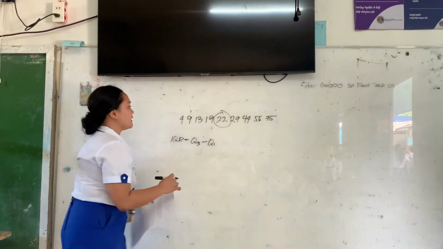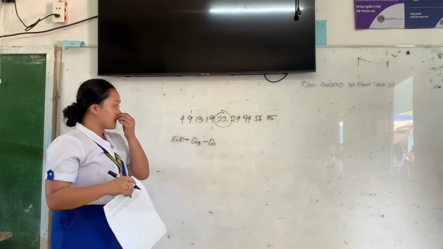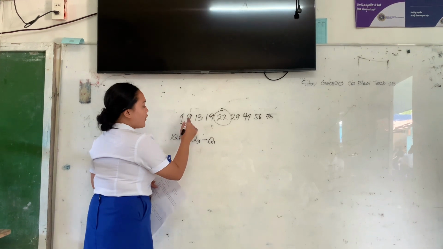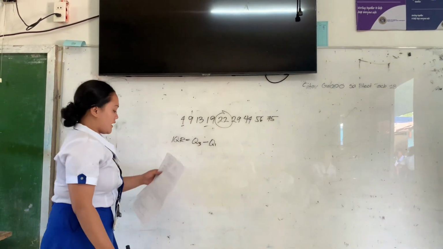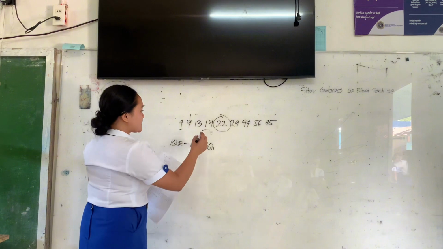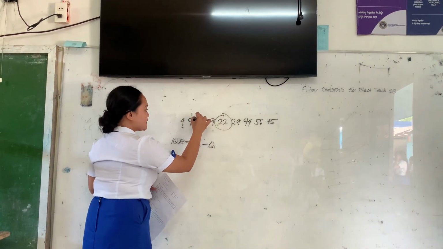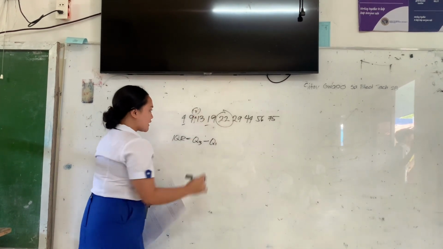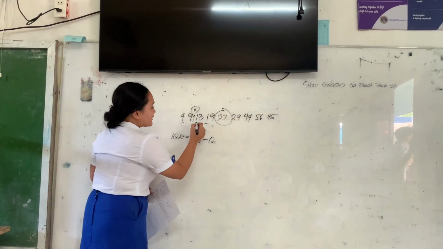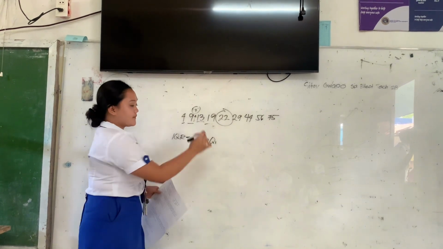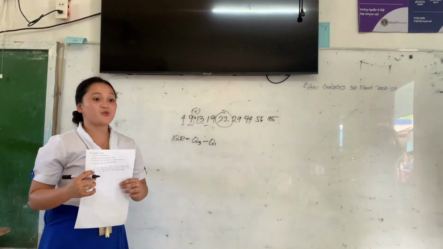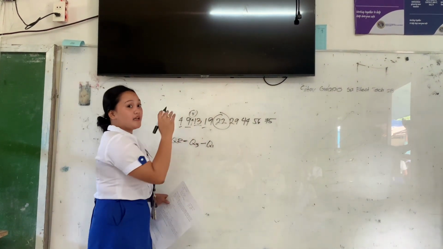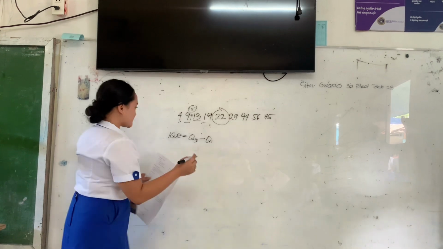the lower quartile. So how do we know quartile 1, or the lower quartile? The middle of 4 to 19 is 11. So the median of 4 to 19 is 11. How do we get the 11? Because 13 plus 9 is 22, and divided by 2 is 11. That is our lower quartile.